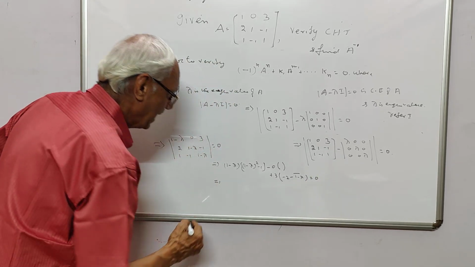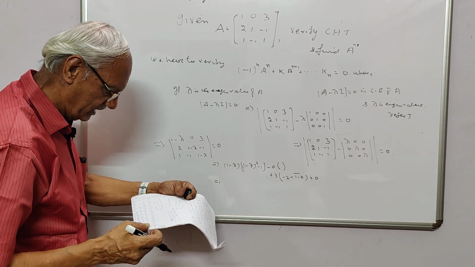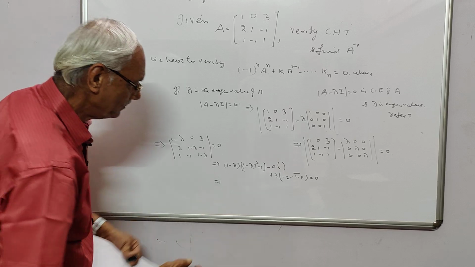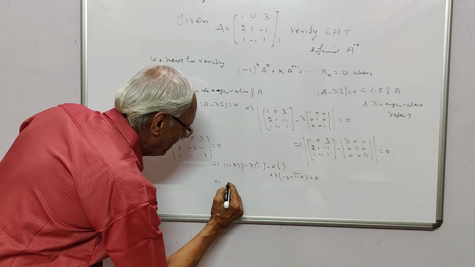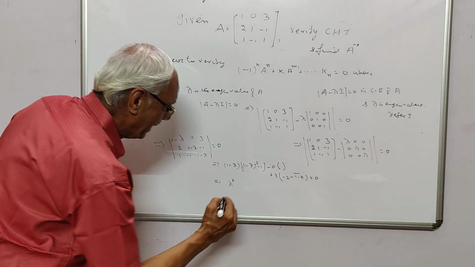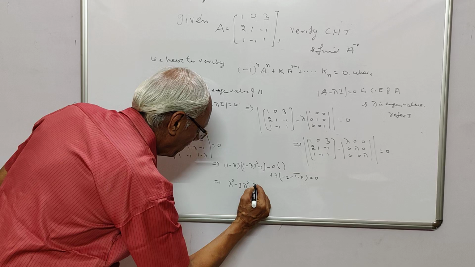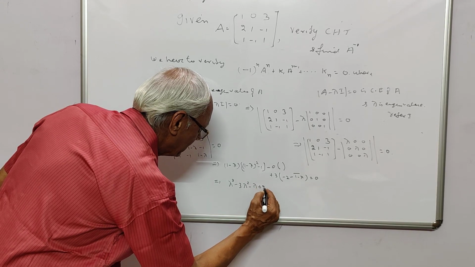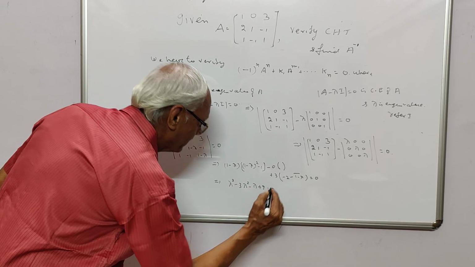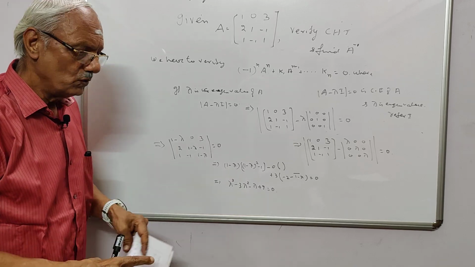This implies, I'll straight away give you the answer and explain. So what you will get here is lambda cubed minus 3 lambda squared minus lambda plus 9 is equal to 0. Now this is what you will get by doing this simply.